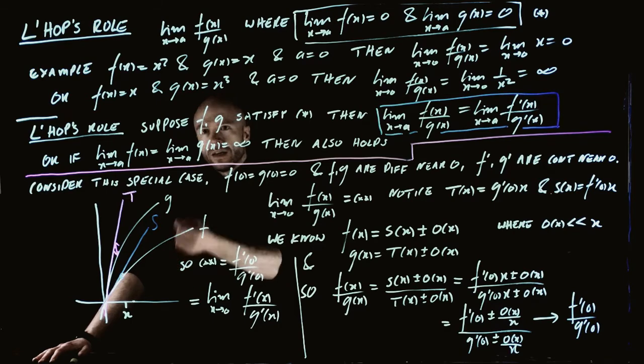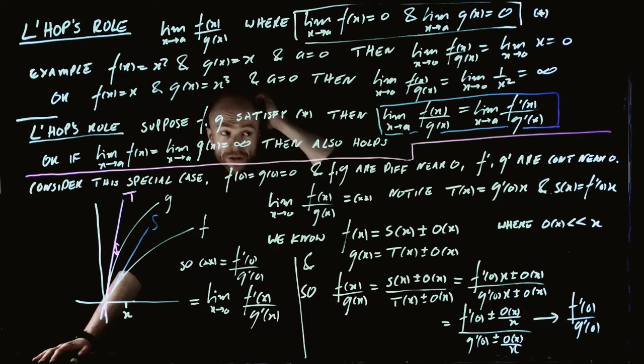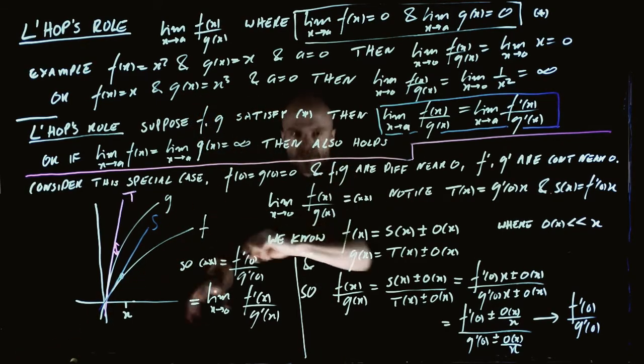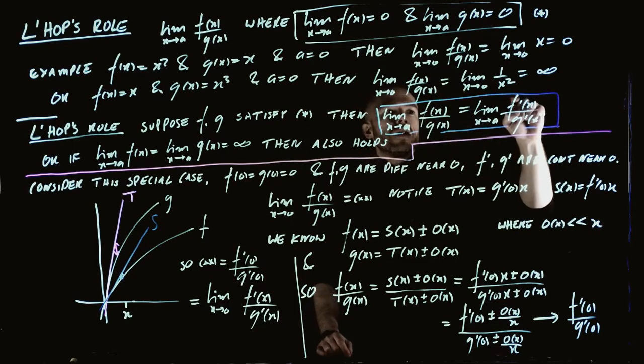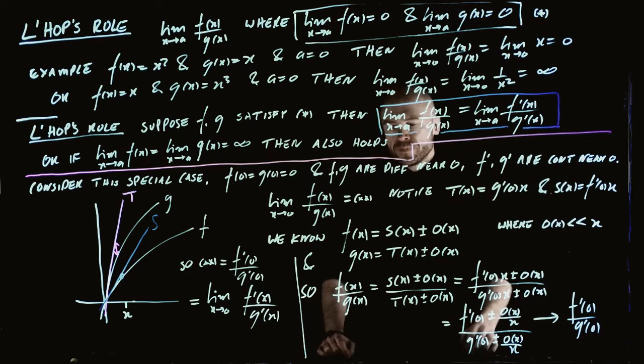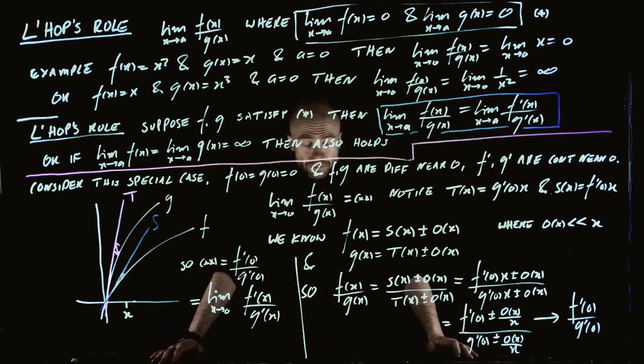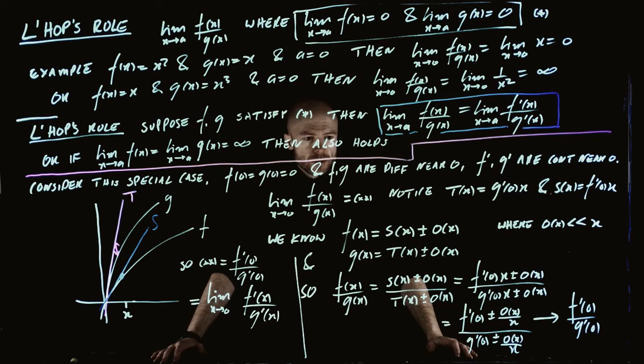In this case, the point a is going to be 0. So it shouldn't be such a surprise, after this picture, that we replace this with f prime over g prime. We're going to see this as we discuss some specific examples. This is not an unnatural thing to do. This is a reasonable thing to do.